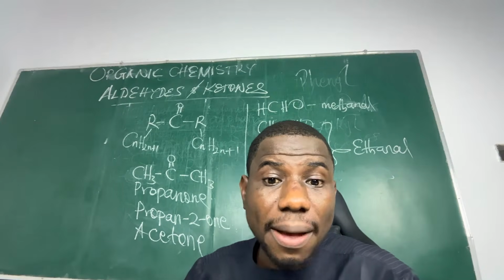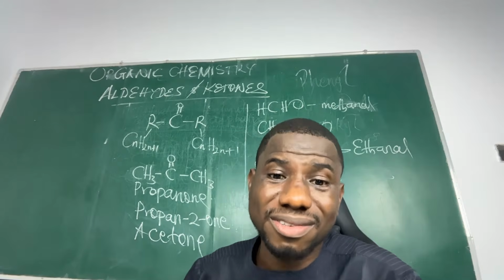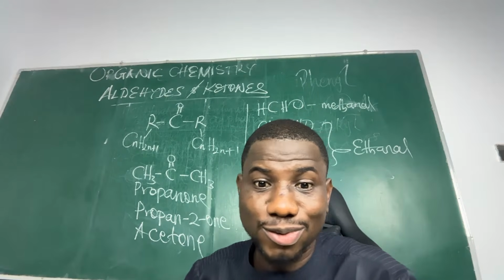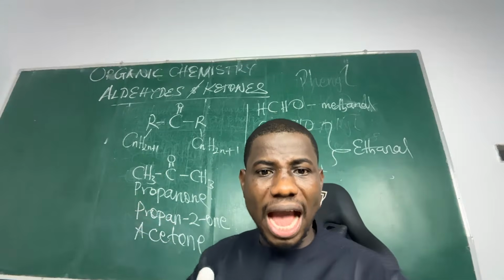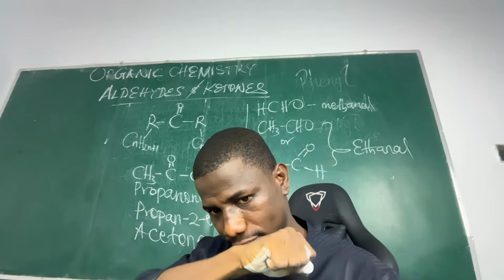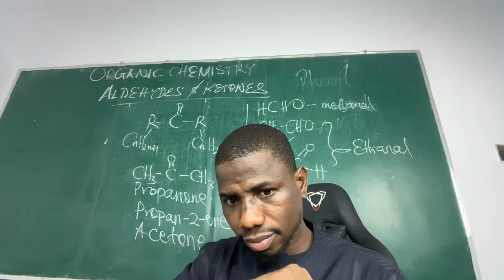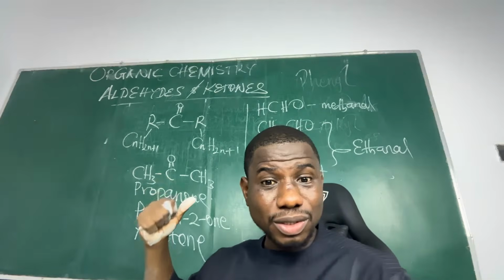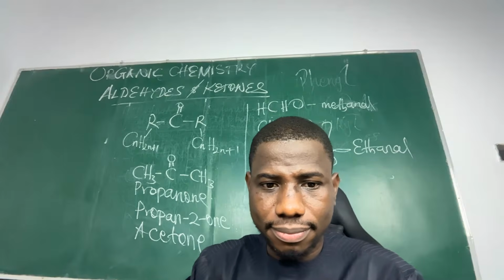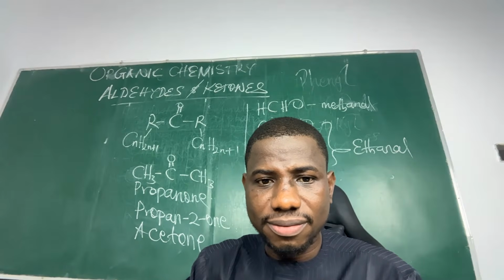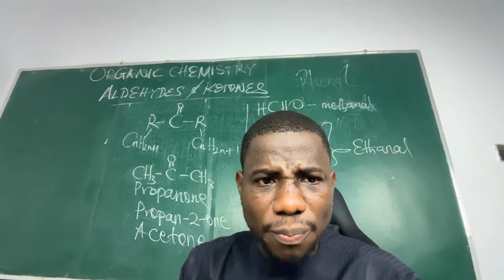We can boldly say propanone, because no matter how you count it, it's still number 2. There is no way you will count it for the last carbon not to get position 2. So in alkanone, we indicate the position of the functional group. But in alkanals, we are not indicating the position of the functional group. Very, very important.